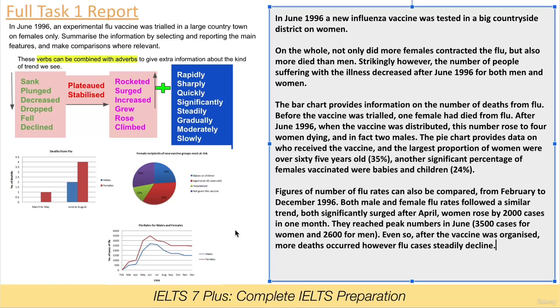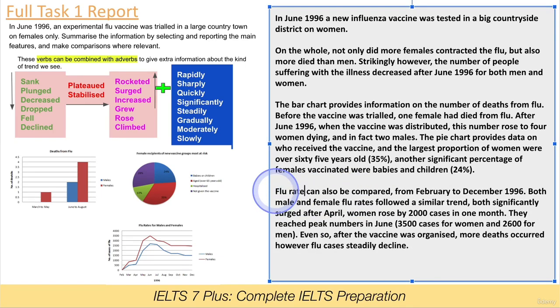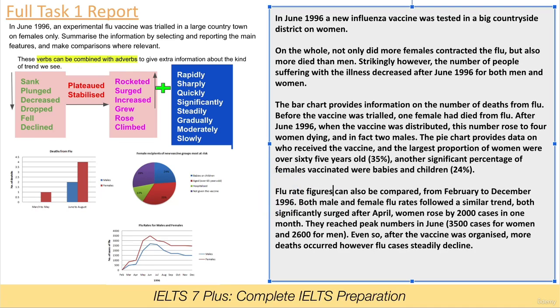Okay, let's have a read. We've been editing as we go, but we'll just read over. Flu rate figures can also be compared from February to December 1996. Both male and female flu rates followed a similar trend. They significantly surged after April.